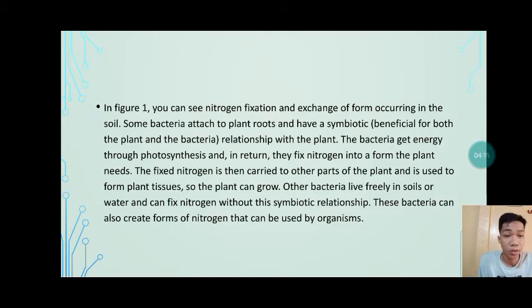The fixed nitrogen is then carried to other parts of the plant and is used to form plant tissues so the plant can grow. Other bacteria live freely in soils or water and can fix nitrogen, creating a form of nitrogen that can be used by organisms.